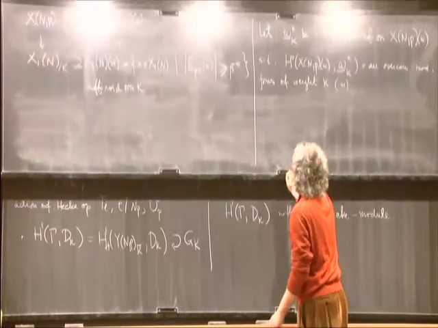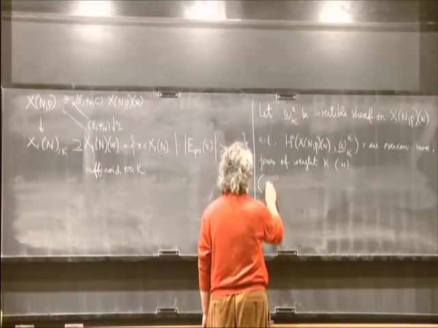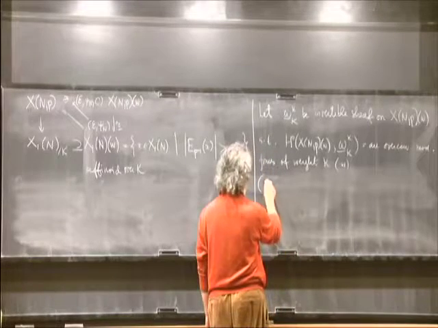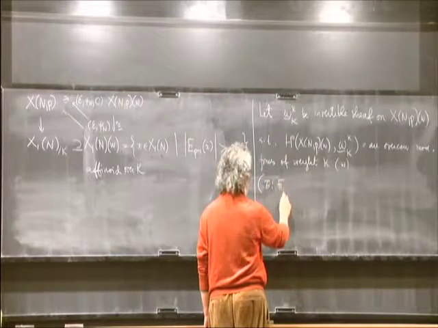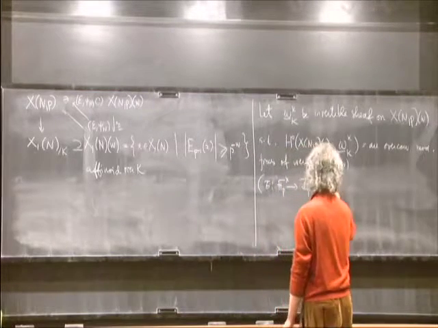So let me take kappa of the following form. Let tau denote the Teichmüller character.